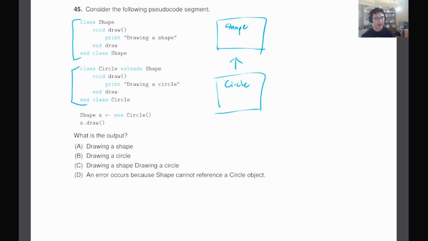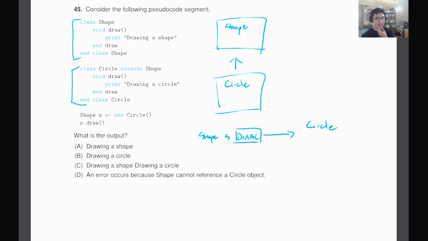Now we create a variable s, and we say that it's pointing to a Shape object. It's going to be a reference variable because it's an object. But when we actually create it in memory, it's going to be a Circle object.